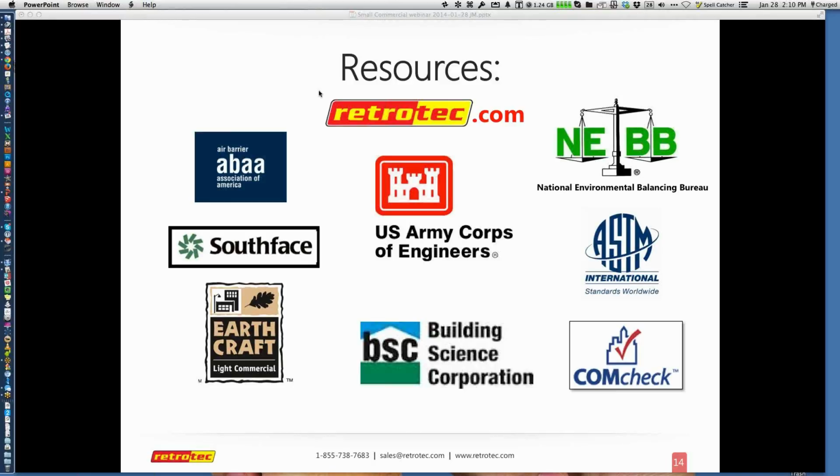NEB has also come out with a standard about how to certify people to do testing for mostly larger buildings, but it comes into play with some of what we'll do. If you're looking for a standard that's free, the U.S. Army Corps of Engineers has a standard you could follow, and a lot of people make their guidelines off of theirs. ComCheck is from the DOE about how to confirm compliance. It's mostly new structures. And if you've not been to the Building Science Corporation website, it has the most amazing information you'll find, with great graphics on the how-tos and how-not-tos of some of the concepts we'll talk about today.